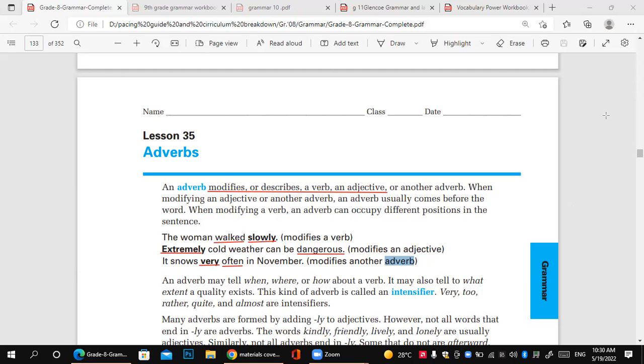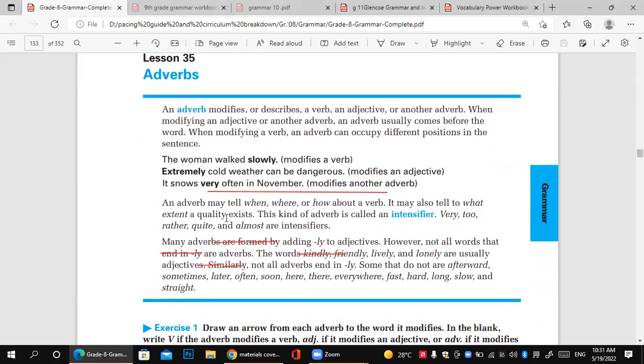Okay, so here are the main adverbs, formed by adding ly.